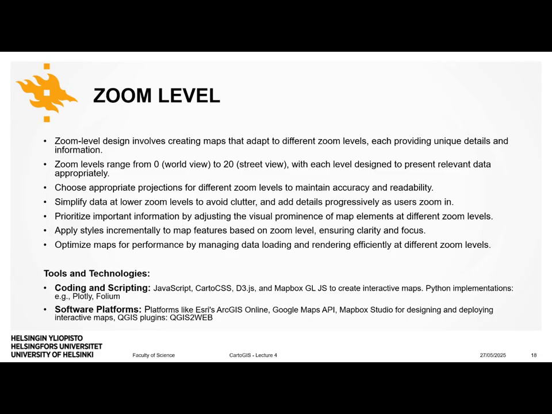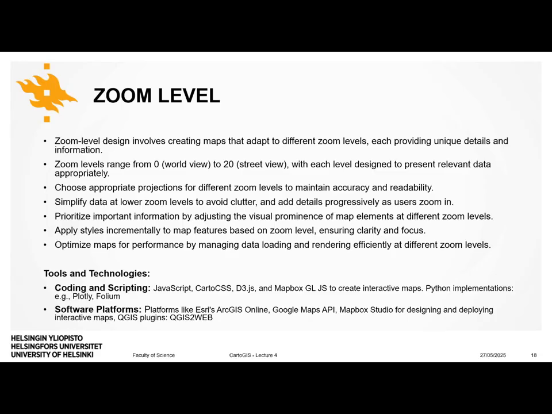In the examples we have this week in the tutorial, we are working with fire incidence data from Finland, but we are using interactive maps that are global maps. So in our choice of extent and zoom, I've tried to be careful so that the map starts with Finland, because that's where our data is from, not to distract the user. So you should be careful with the initial zoom level.